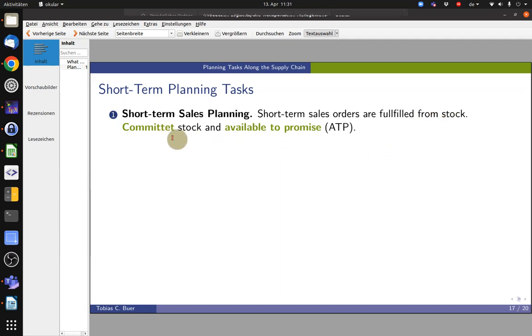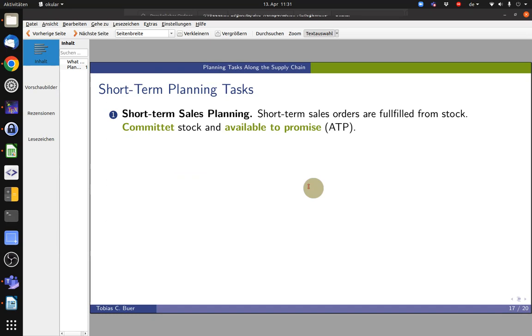And typically we decide between stock that is committed to a customer and stock that is still available. So maybe we have 100 items in our warehouse. We sold 20 of these 100 items to customers, but they are still in our warehouse because we did not yet process the order.